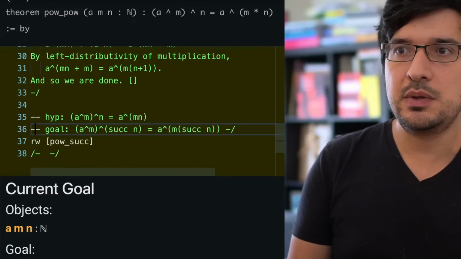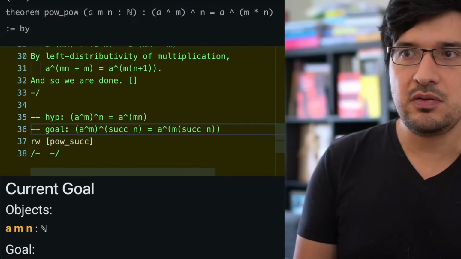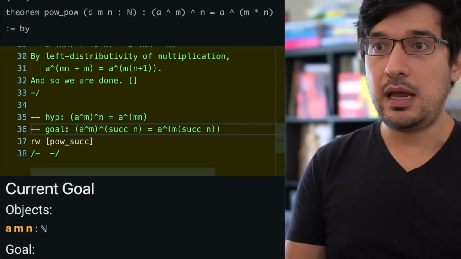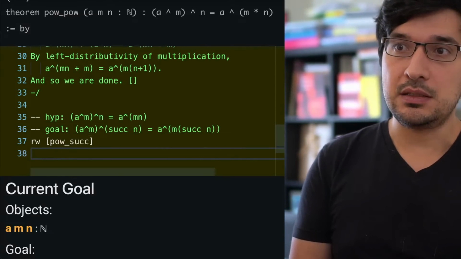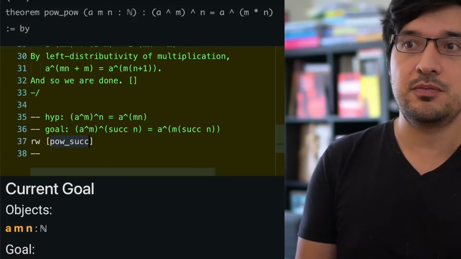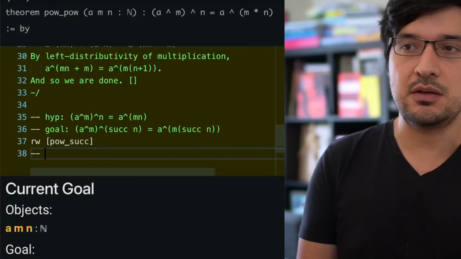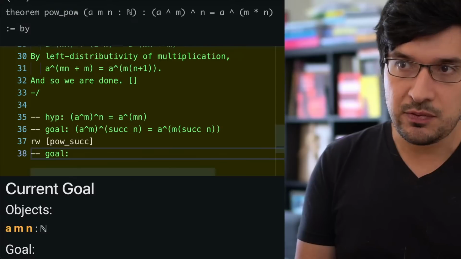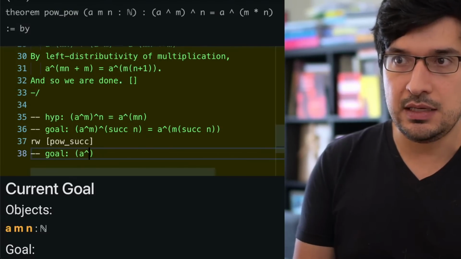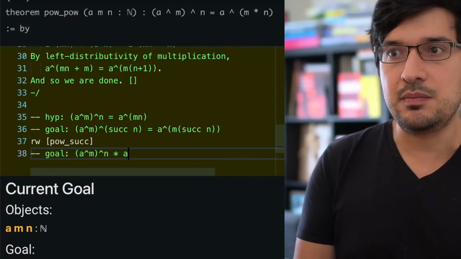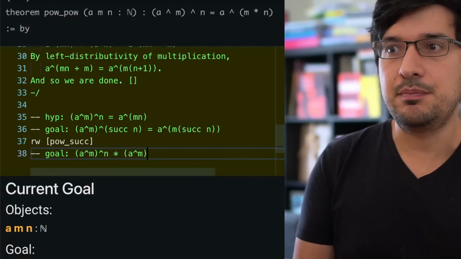So right now we have a hypothesis and a goal. And we can rewrite the goal with our theorem, our definition of power raised to the successor, which transforms our goal as a to the m raised to the n times a to the m.